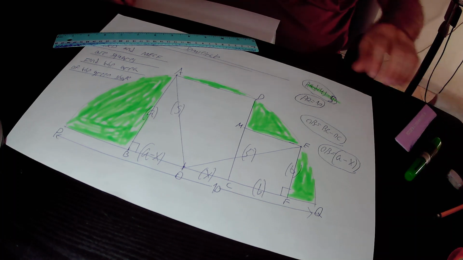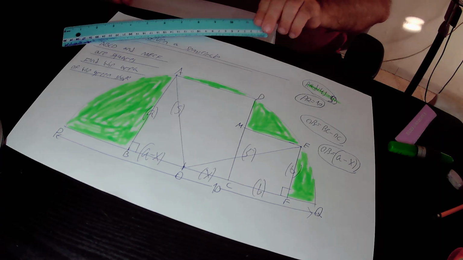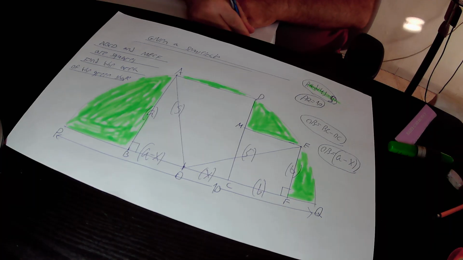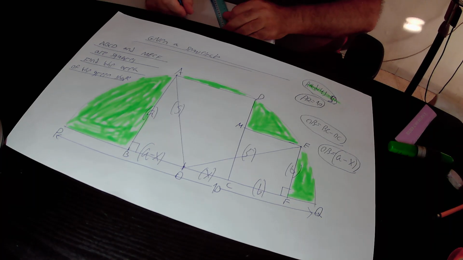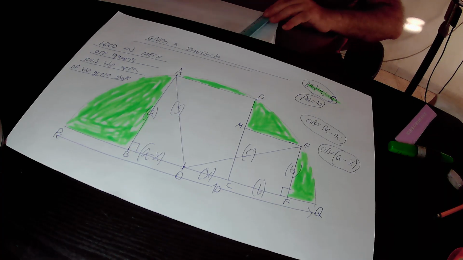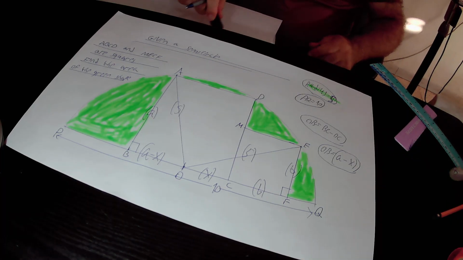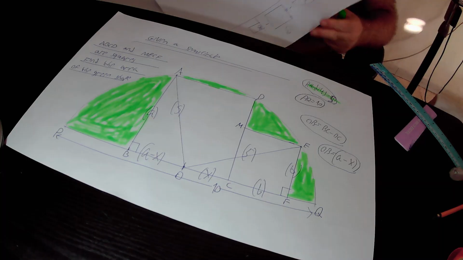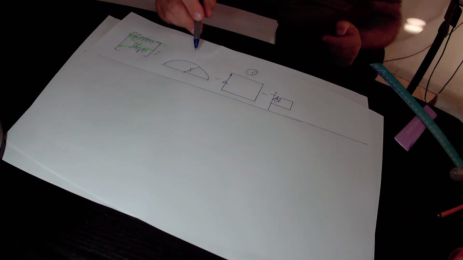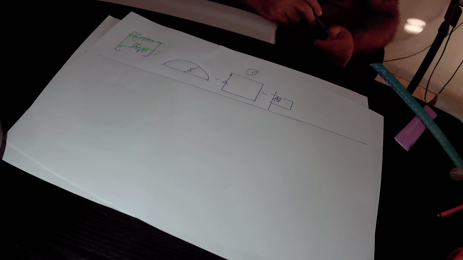Repeat again. The area of the green shape equals the area of the big semicircle minus the area of the big square minus the area of the small square.